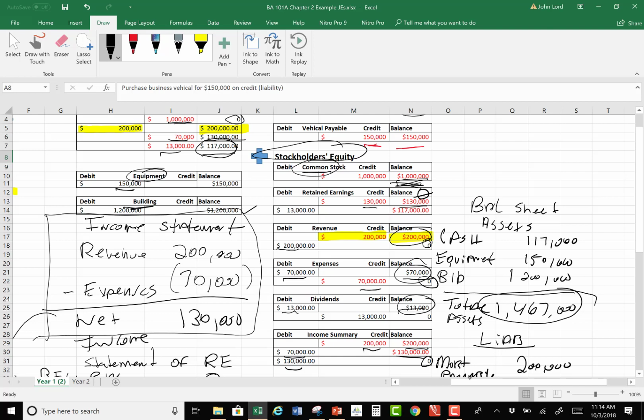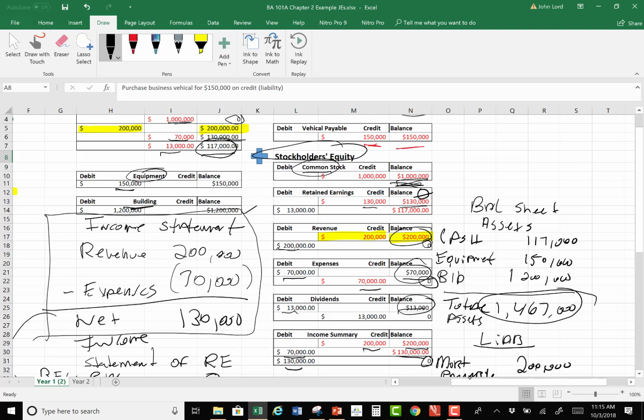I'm stuck inside of income summary. Can you give me a ride to retained earnings? And I say, sure, no problem, net income. I do what? I debit income summary. It's out, isn't it? And it gets the ride to retained earnings now through the credit to retained earnings. Now my retained earnings is showing 130. I got my net income in retained earnings, didn't I? Which is where I want it to be.